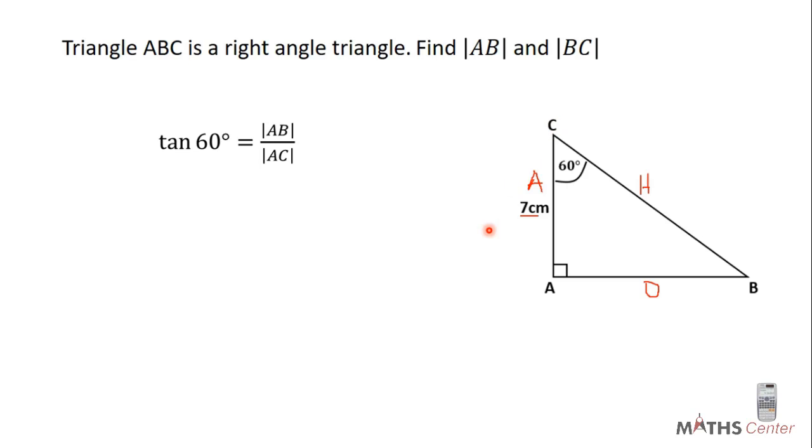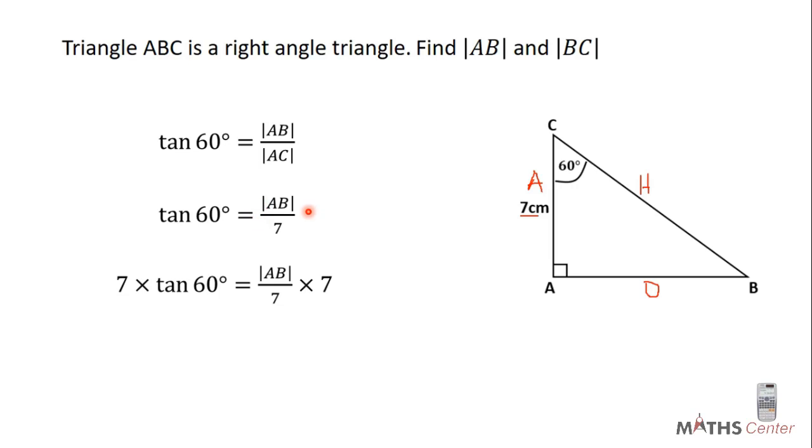We know this from our studies on the trig ratios. We know AC to be 7 centimeters, so we have it here, 7. So tan 60 degrees is equal to AB divided by 7. So all we need to do now is to make AB the subject.